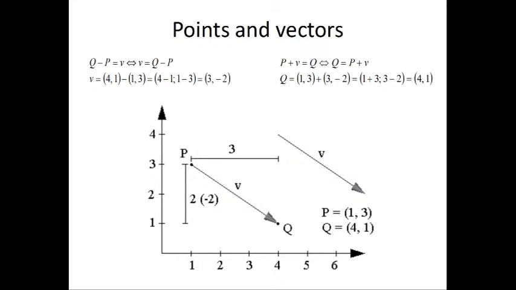And the vector doesn't have a position, it only has a size and a direction, or an orientation, or length and angle. However we look at it, it has orientation and size, but no position, whereas the point only has position. And here we're looking at basically a vector as the difference between two points.